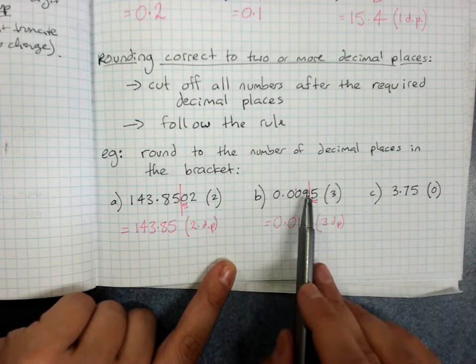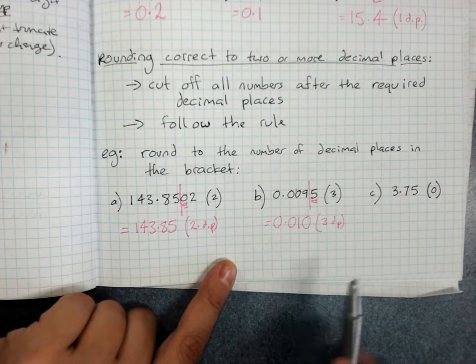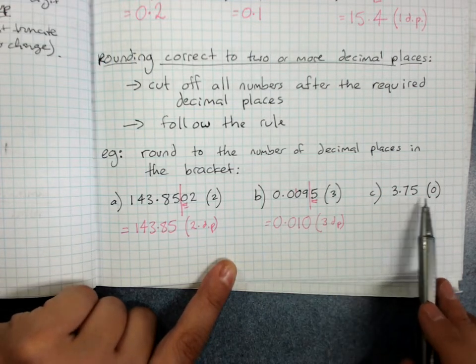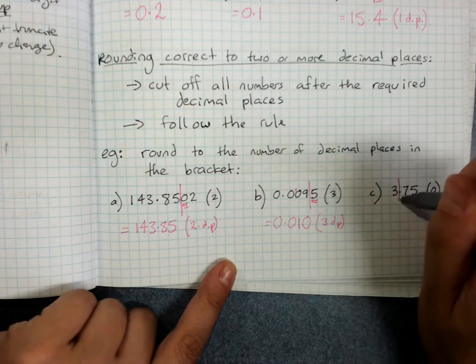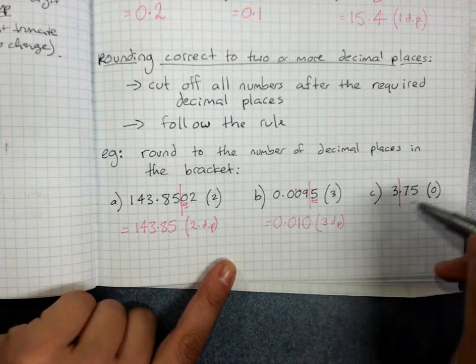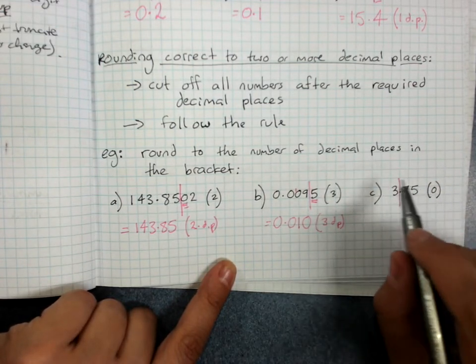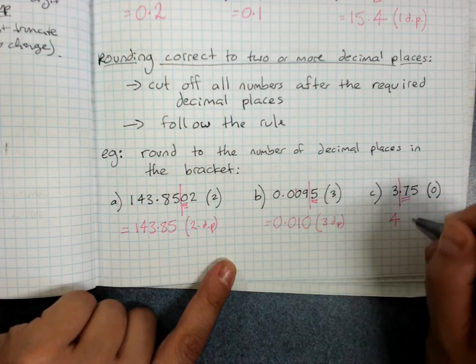Because I can't have 10 here, so I've got to carry my 1 and leave a 0. Bit tricky. And 3.75 to 0 decimal places, that's just saying to the nearest whole number. So cut it off at 0 decimal places. Look at the first number, 5 or more, yep. So this rounds up to 4 to 0 decimal places.